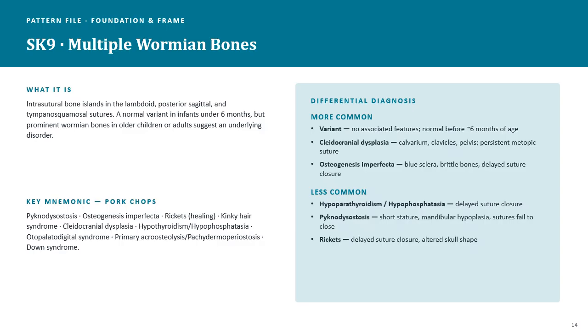So again, they're not necessarily alarming when we see it in younger infants, but when we see it later in life, the radiologist might want to take a second look or get additional imaging to see if there's something underlying in terms of a bone disorder.